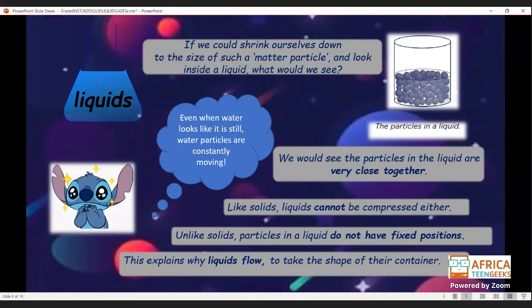Who remembers what we call the small particles, the tiny particles, if you have a scientific microscope and you're studying them under the microscope? The one starts with the A and the one starts with the M.